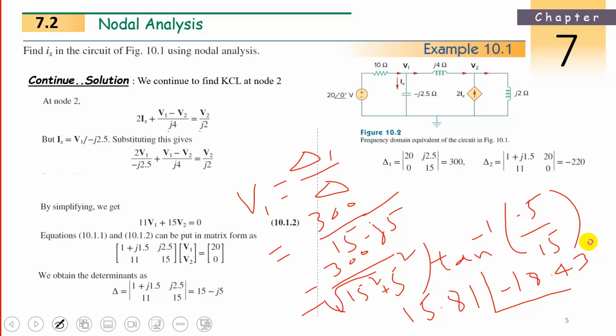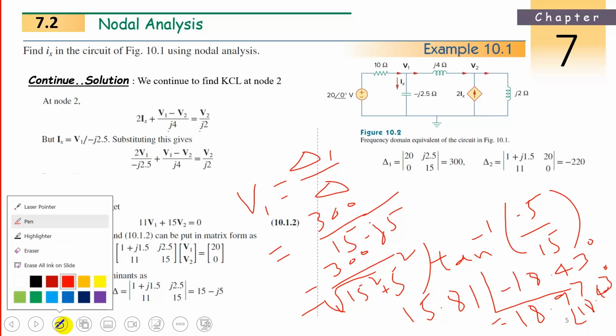This minus 18.43, if we take it up, becomes plus 18.43, and 300 divided by 15.81 becomes 18.97 at an angle of plus 18.43 degrees.